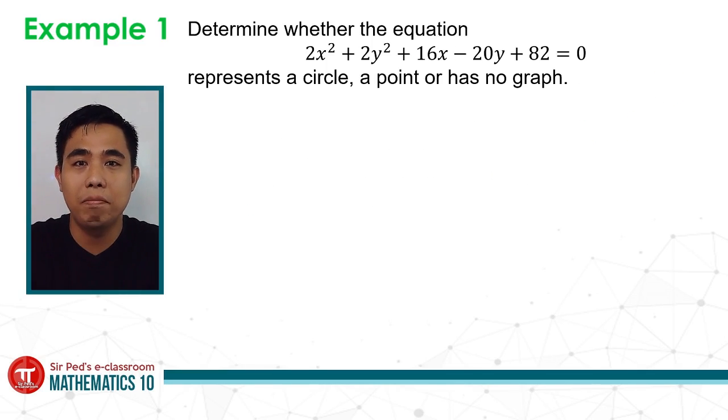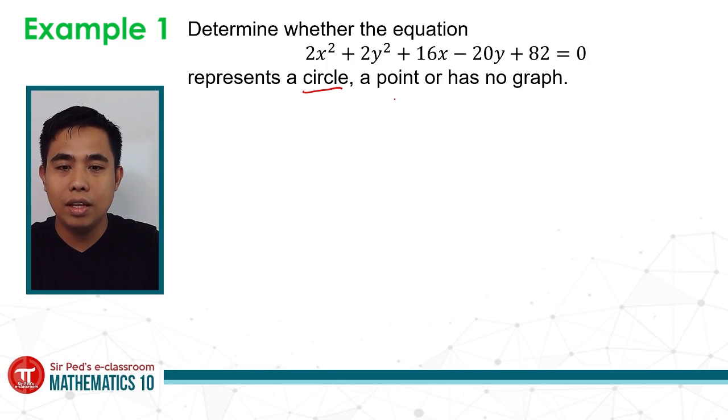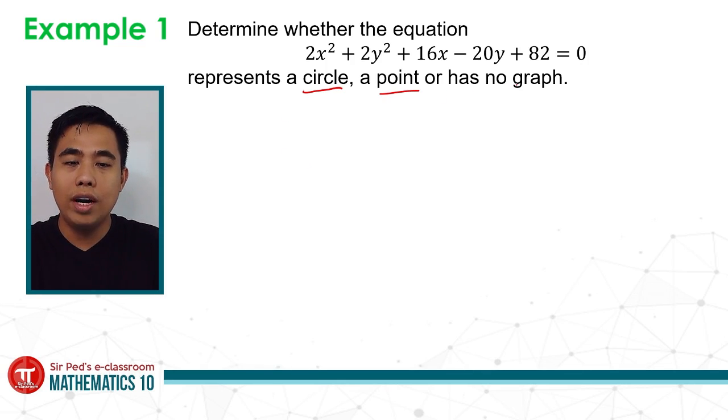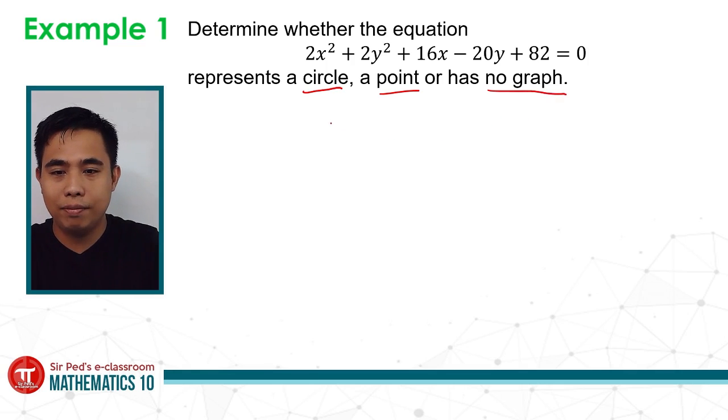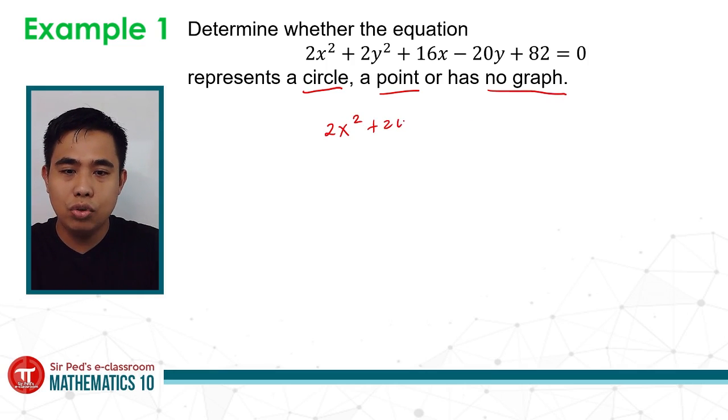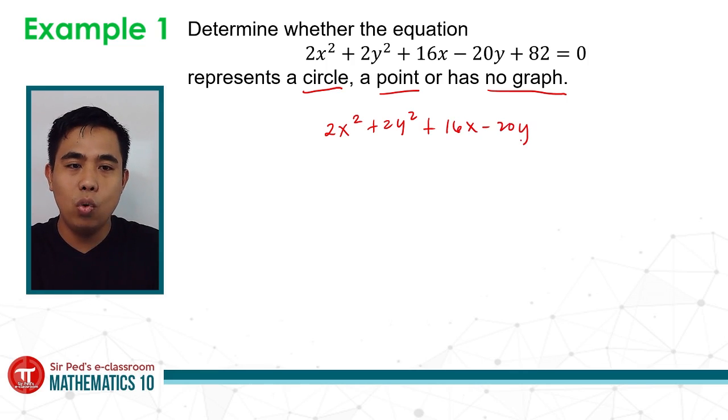Let's have an example. Determine whether the equation 2x squared plus 2y squared plus 16x minus 20y plus 82 equals 0 represents a circle, a point, or has no graph. So let's write the equation 2x squared plus 2y squared plus 16x minus 20y plus 82 equals 0.